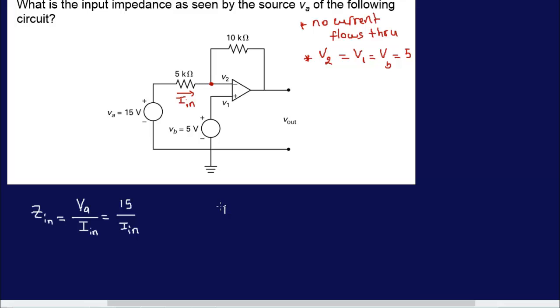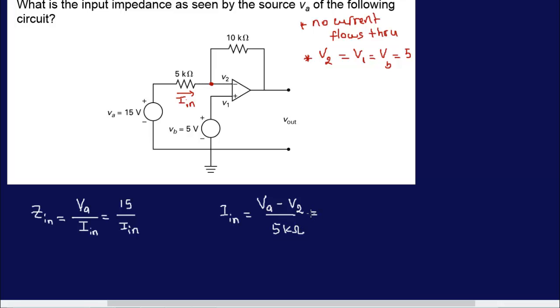IN is equal to the potential difference across the resistor, 5 kilo ohms. So you would have VA minus V2, but V2 was 5 volts. So you would have VA, let me just write it down, VA minus V2 over 5 kilo ohms.